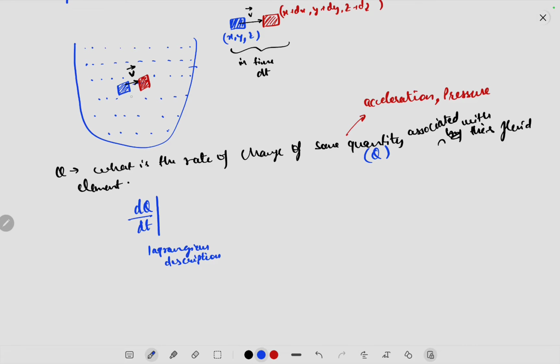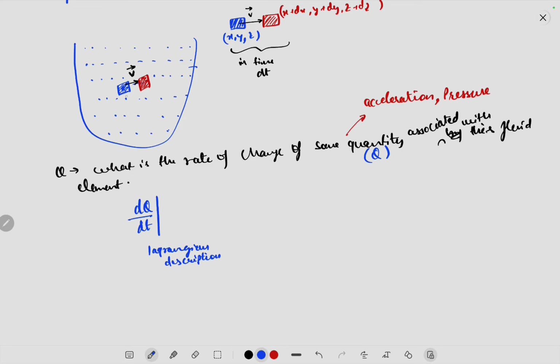So let's say that point coincides with this coordinate xyz, which corresponded to the fluid element at time t.